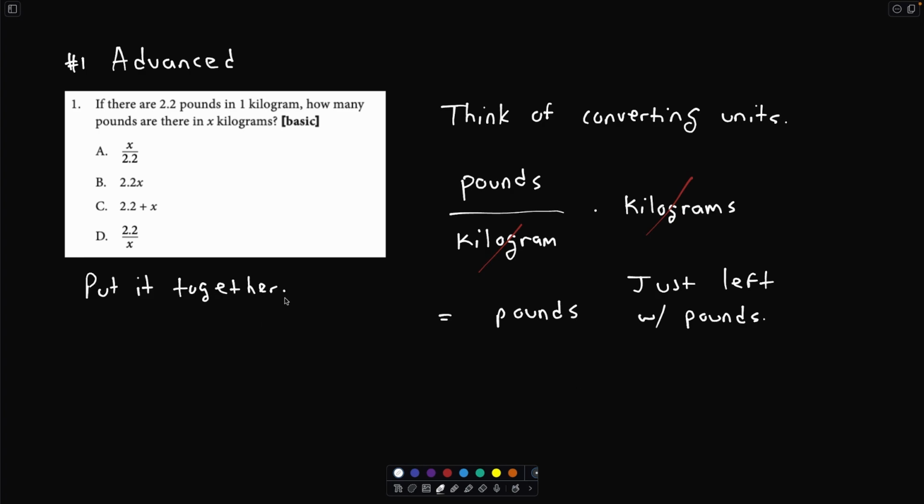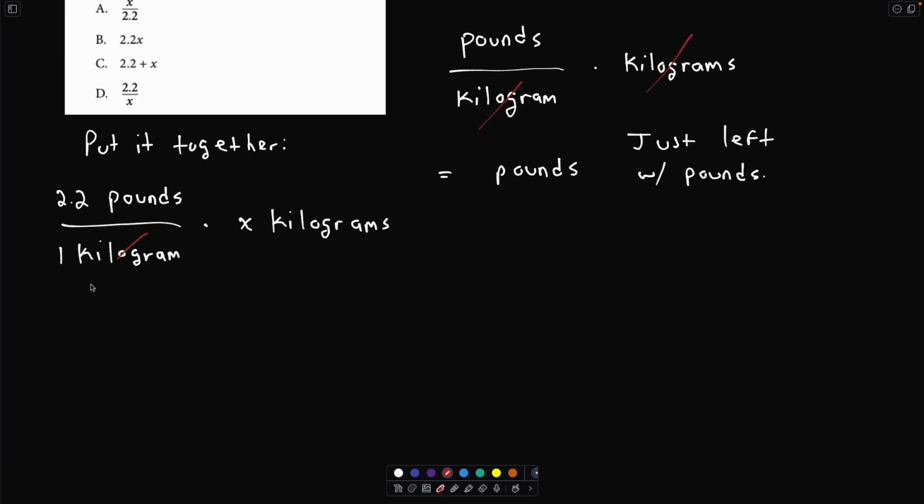So let's put it together. So I have 2.2 pounds over 1 kilogram, because remember, this is our proportion, multiplied by kilograms, but my amount of kilograms is X kilograms. And I know these will simplify, leaving me with just pounds. So after simplification, this gives me 2.2 pounds times X. We're almost there.